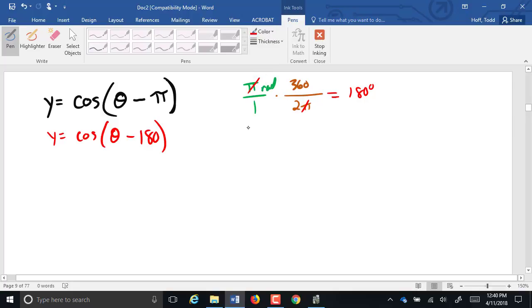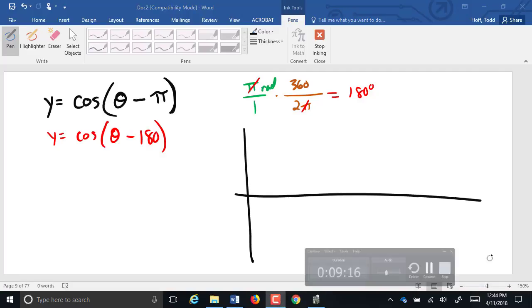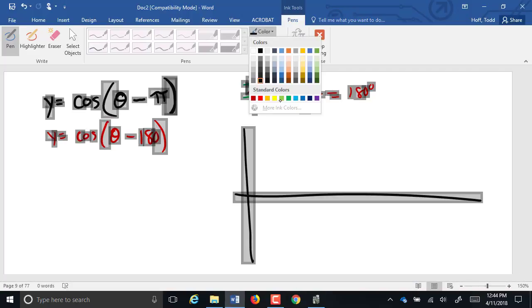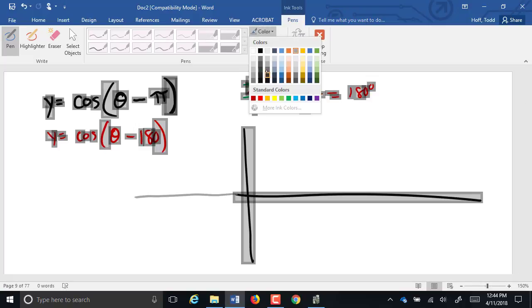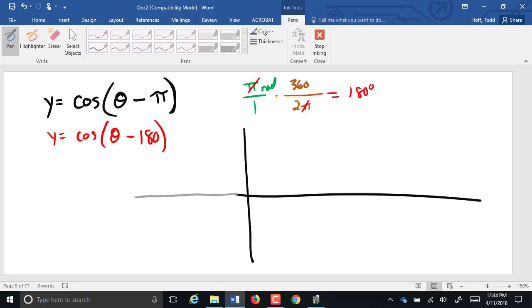So in your notes, graph that for me. Okay, so let's deal with the phase shift here. We'll go out this way. We're going to start at 180 degrees.